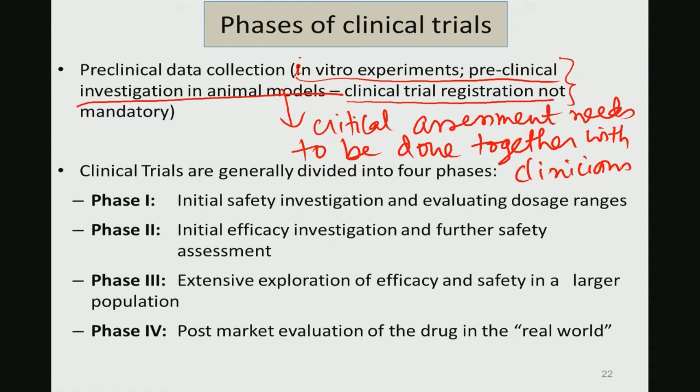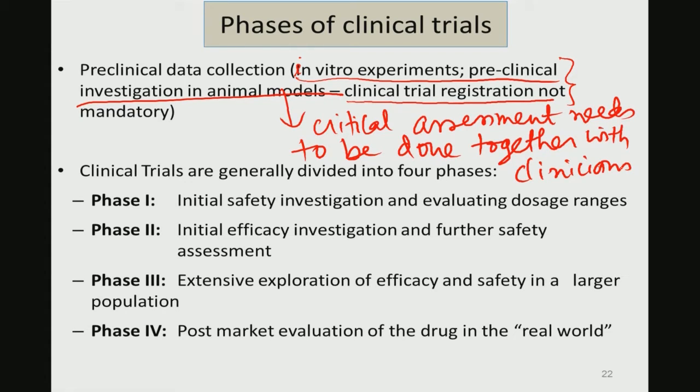So that this clinician will be convinced of the lack of any potential health risk, and that these biomaterials which are about to enter clinical trials are biomedically safe. That safety assessment needs to be done together with clinicians.